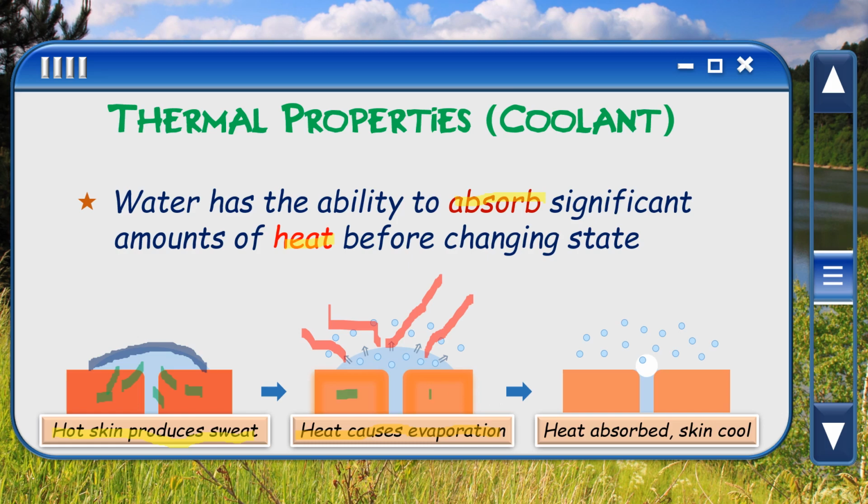It will start cooling. As water continues escaping in the form of vapor, going away from the skin, it is taking away heat with it. A time is going to reach when the skin has cooled down, because heat was absorbed by the vapor, and now the skin is cool.